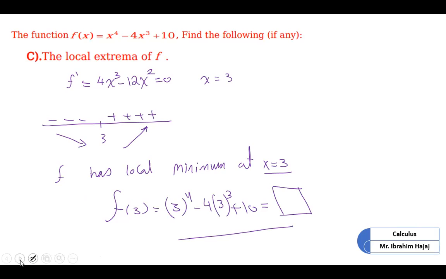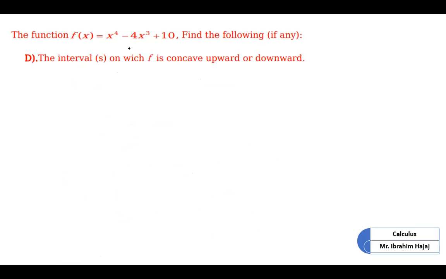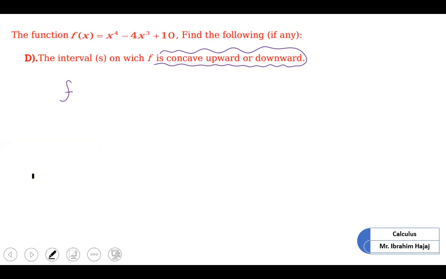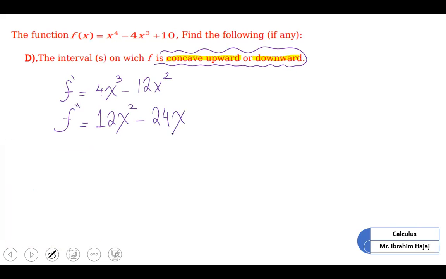Next question, the one that let me know there is a mistake in the previous two questions. The second derivative, to find the concavity, concave up and concave down. To find the concavity of this function, I'm going to find f prime first, which is 4x cubed minus 12x squared, and then f double prime, which is 12x squared minus 24x.